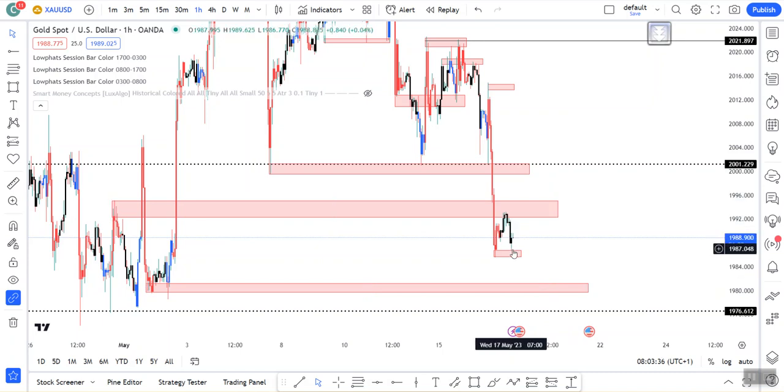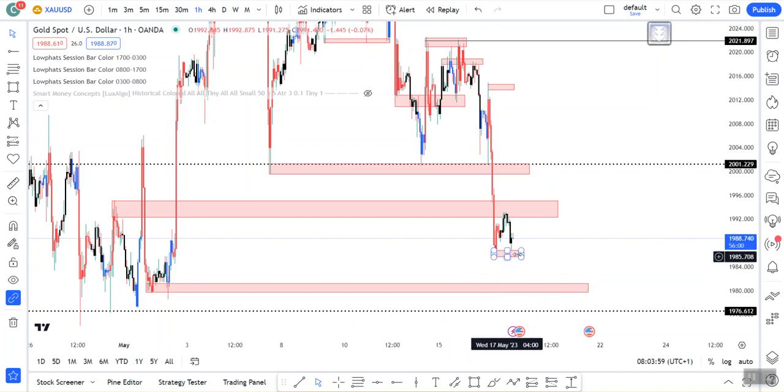I can take partial profit at this zone, which is the previous day low, and then my next target will be here. So take the trade off here, target here first, then take profit here.